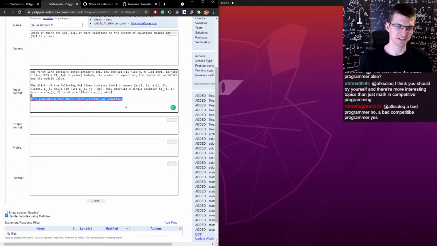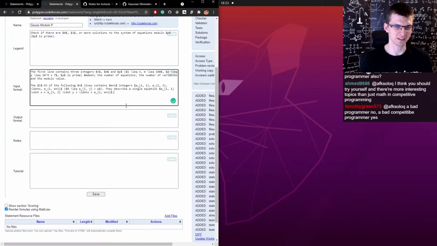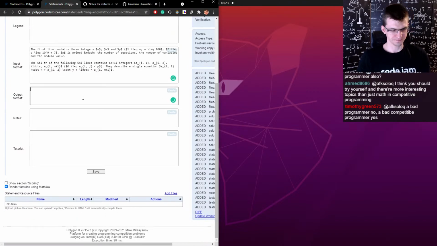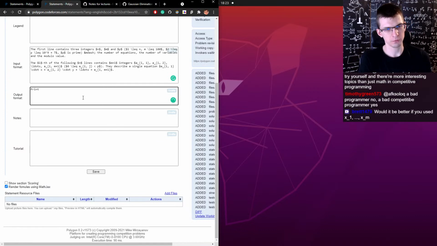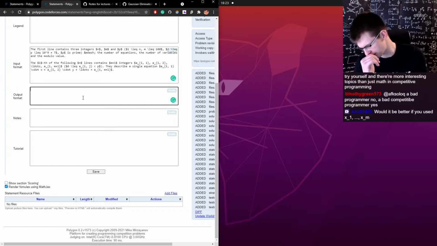Exactly one solution, so the correct algorithm is to just print one. What do we print? Do we print a word, 0, 1, or a lot, many? What do we print?